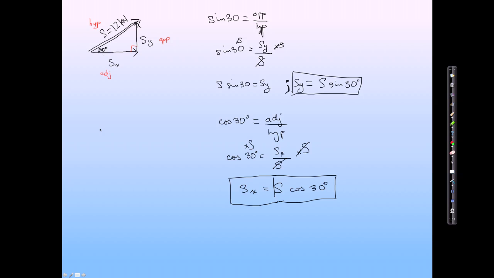For instance, you could have potentially, and just as easily, drawn this triangle in order to find the components of s. This here is sy. Oh, sorry, that's not true. This is sx over here.